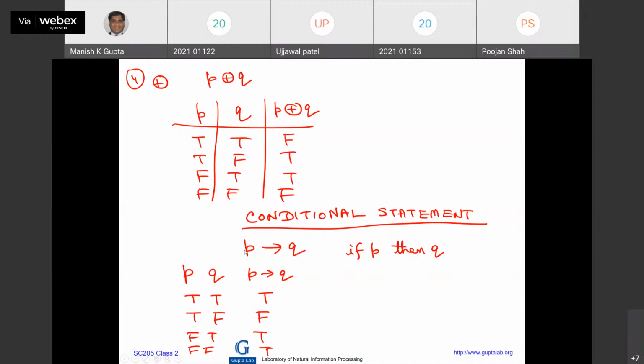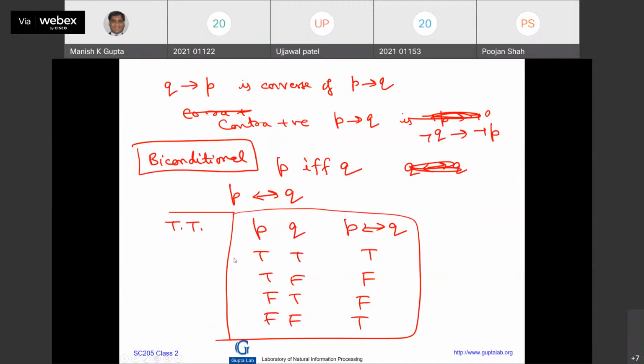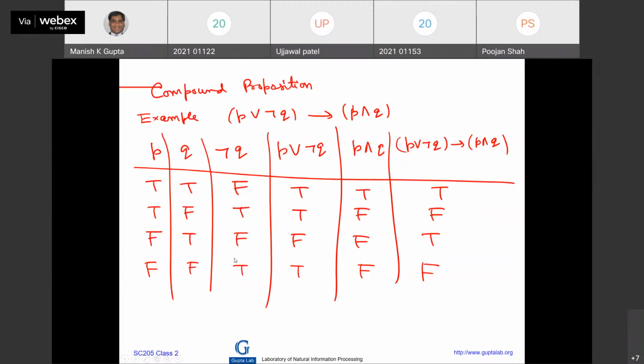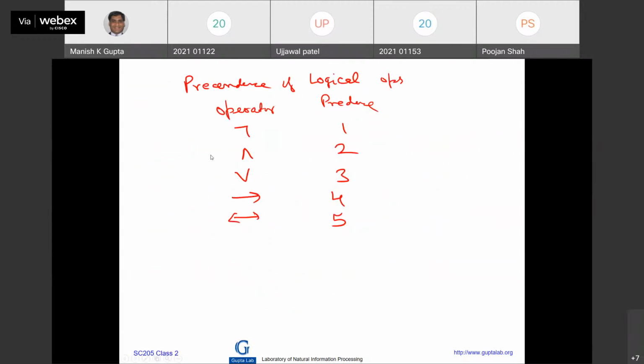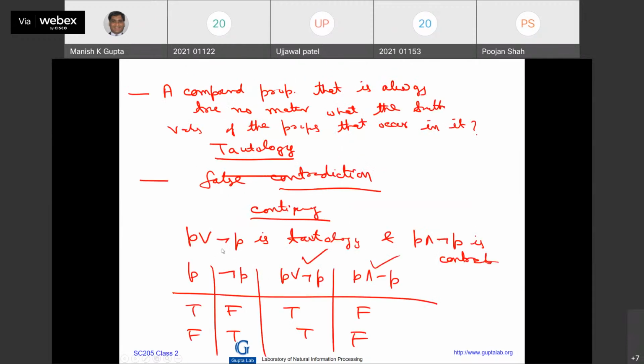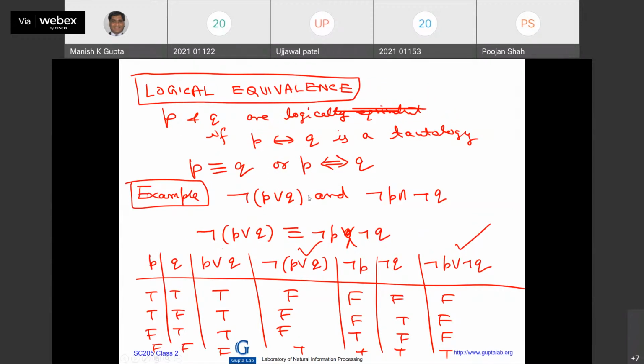Exclusive OR and conditional statement, P going to Q, P implies Q, biconditional, compound proposition, then precedence, which one will come first if there is an expression, how do you evaluate that? Then tautology, logical equivalence. Whenever we want to look at logical equivalence in propositional calculus, we just look at all the variables, and now you see this column and this column have the same truth values, right? So that means they are the same logically. Okay.